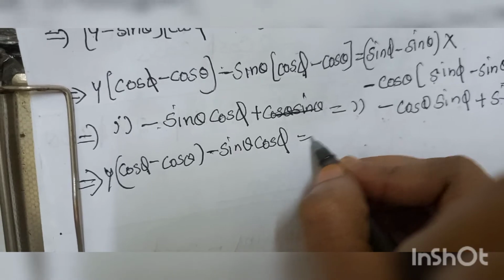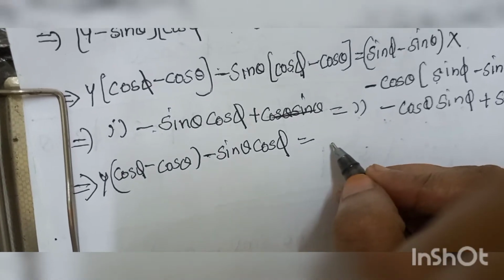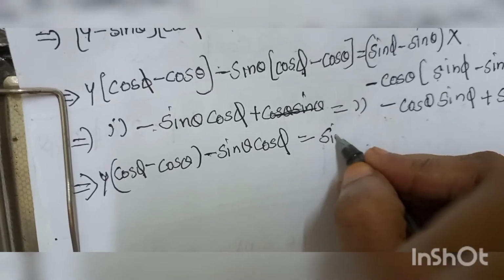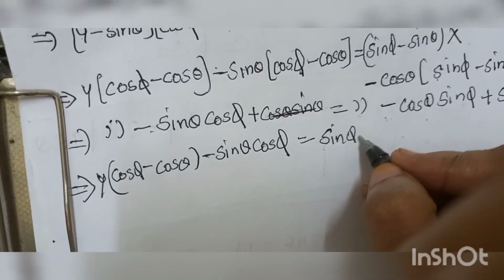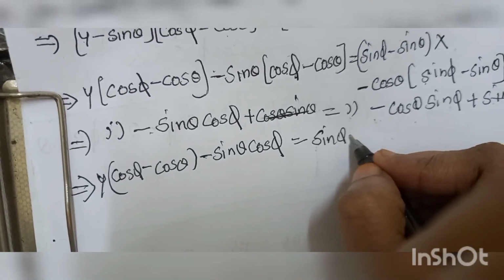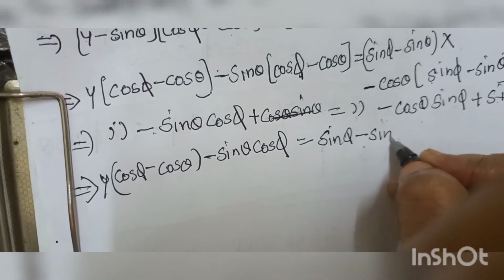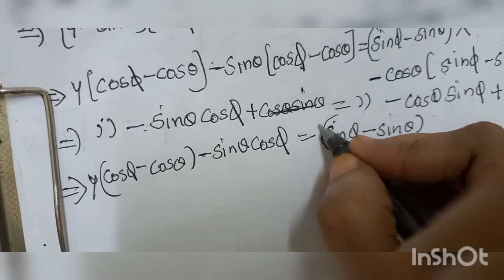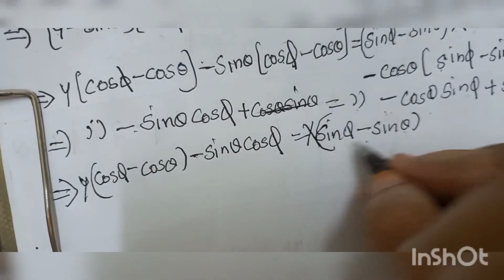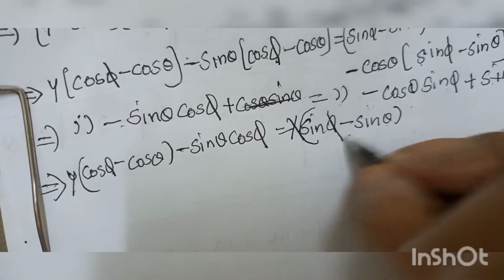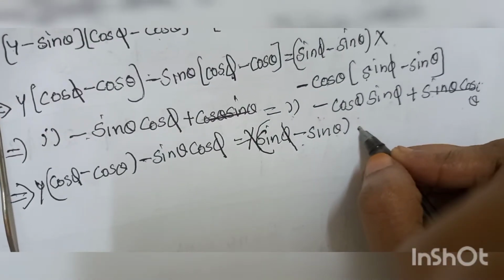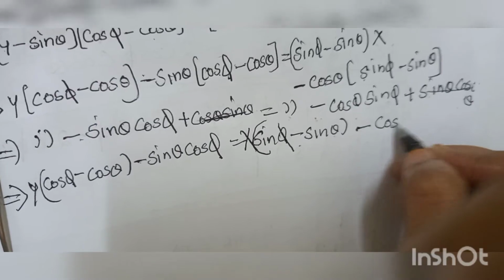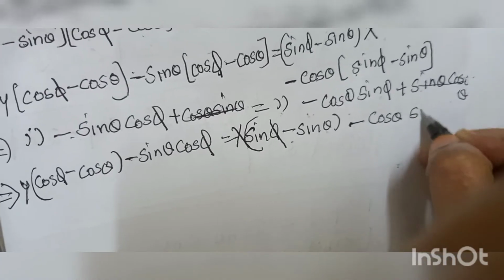which is equal to sin phi minus sin theta into x into sin phi minus sin theta minus cos theta sin phi we get it.